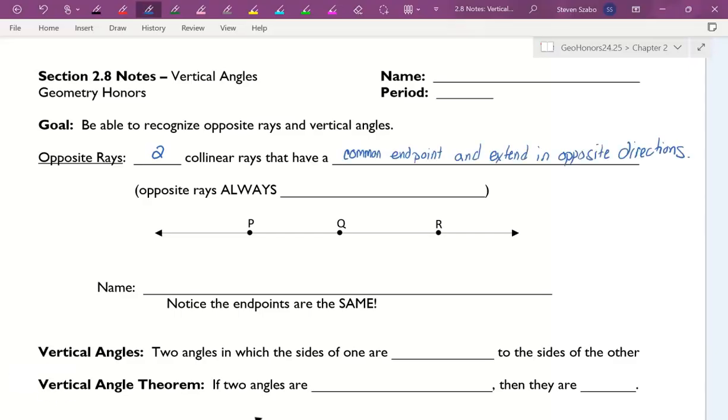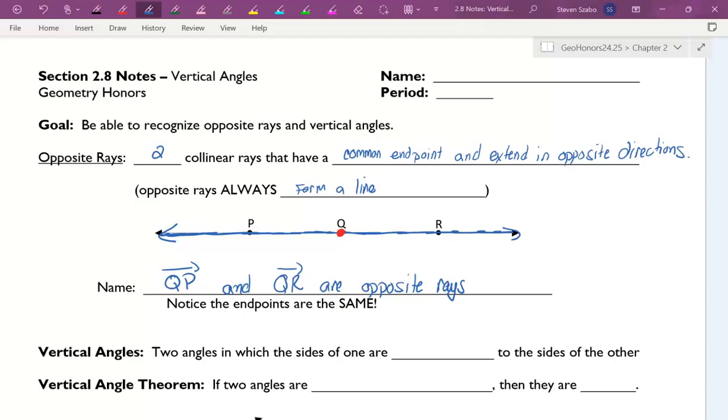So it is true that opposite rays will always form a line. In this diagram, we could use point Q as the common endpoint and state that ray QP and ray QR are opposite rays.